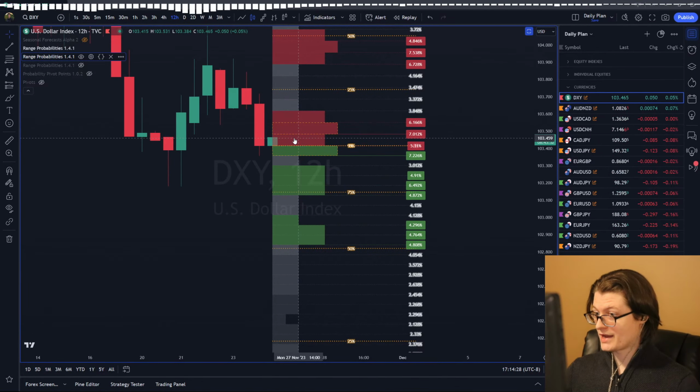If I go back and I also turn on the range probabilities indicator, you can actually see a bit of overlap. And while the pivots can give you sometimes these 50 pip ranges, see how that's like 57.6 pips between those two pivots?